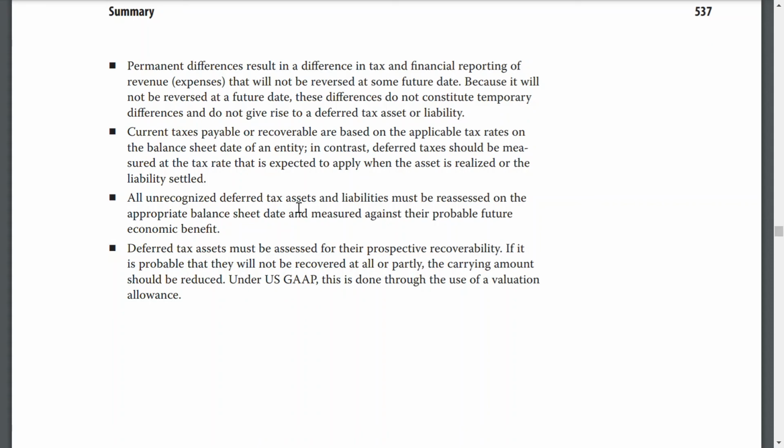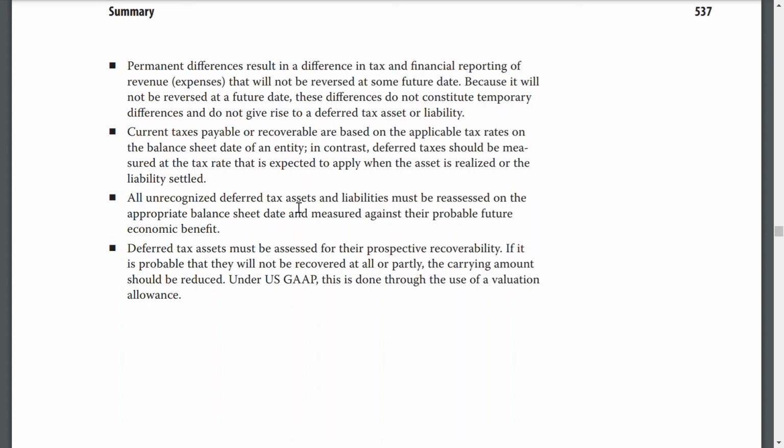Current tax payables or recoverables are based on the application of tax rates at the balance sheet date. In contrast, deferred tax should be measured at the tax rate that is expected to apply when the asset is realized or the liability settled.